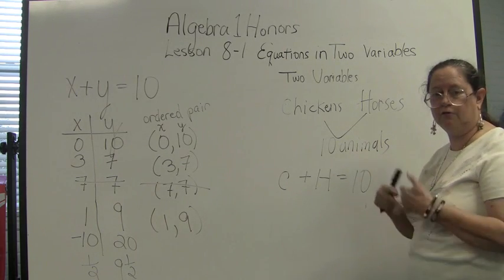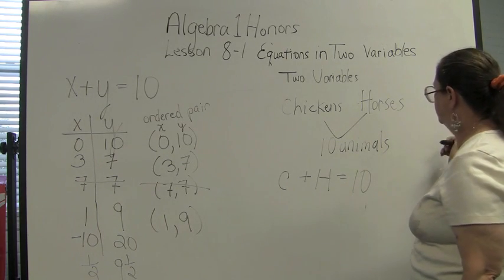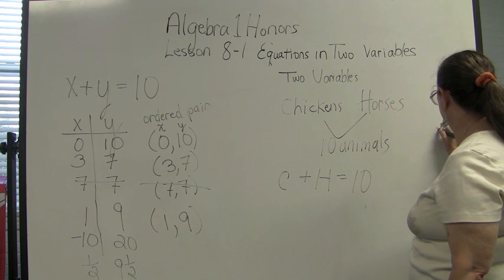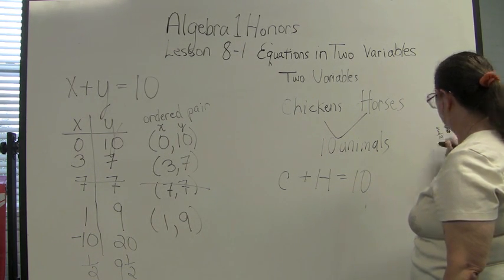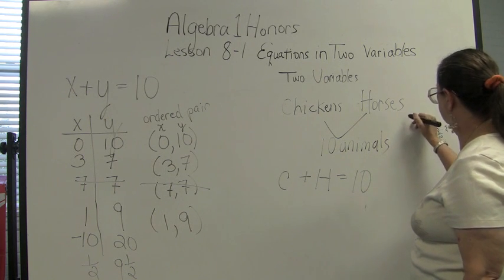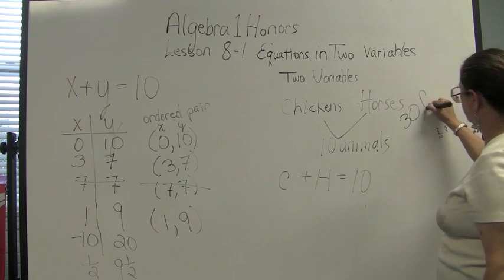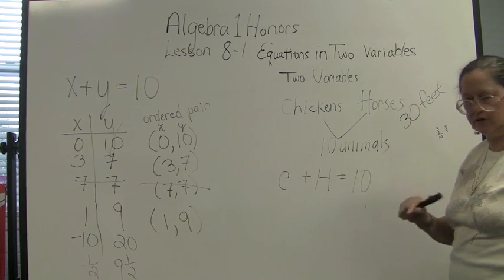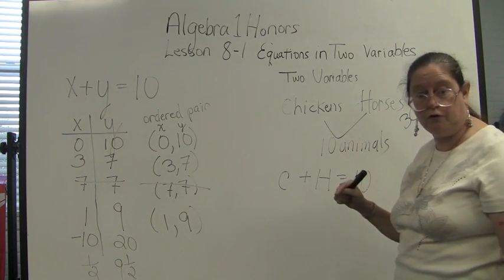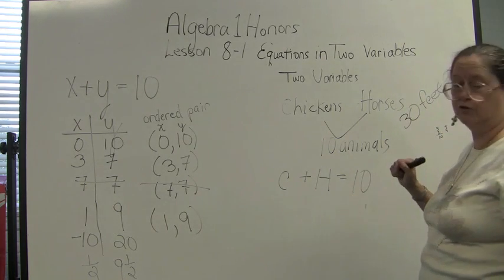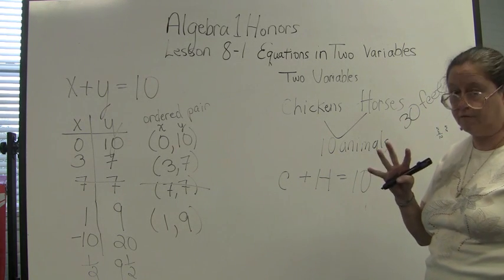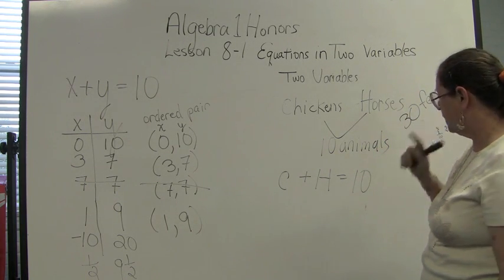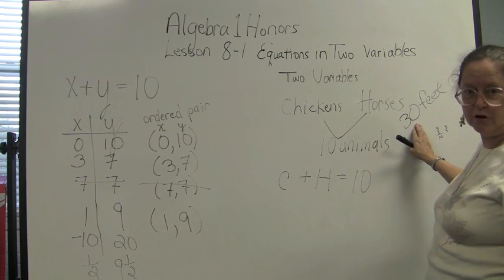If, however, I tell you that there are 30 feet in total. So if you went around and counted the chickens' feet, each chicken has 2 feet only, and counted the horse's feet. Each horse has 4 feet only, okay? And there are 30 of them.